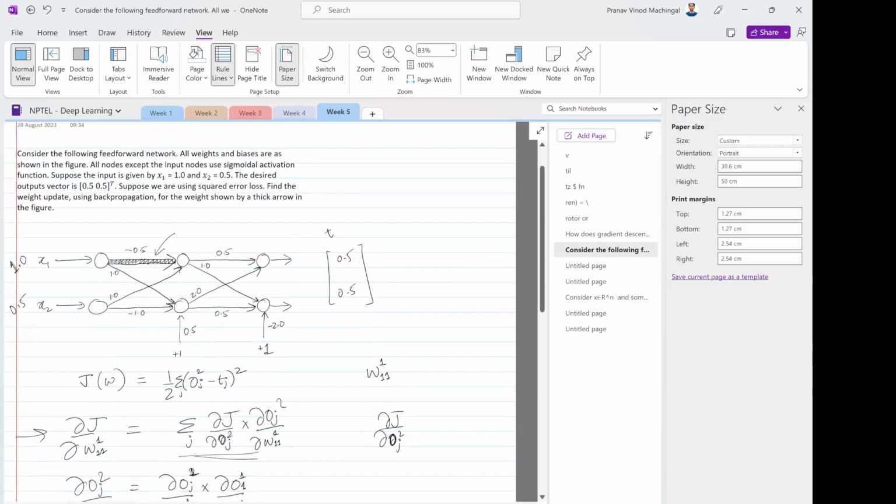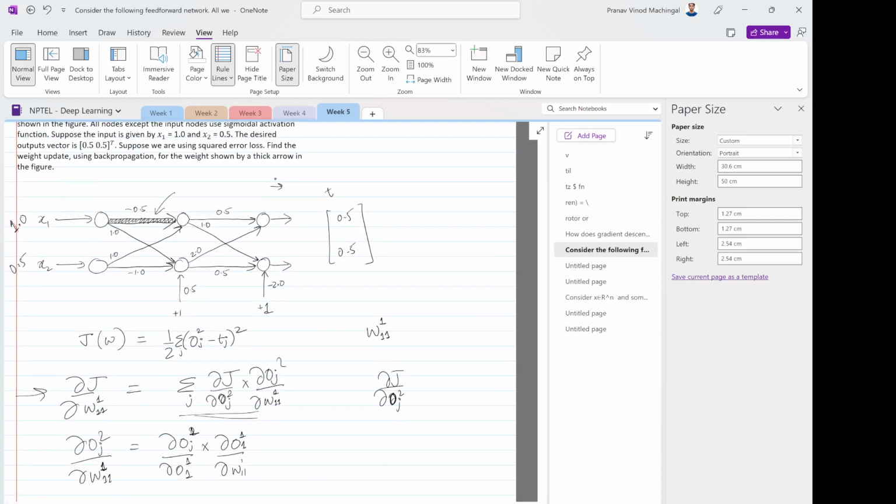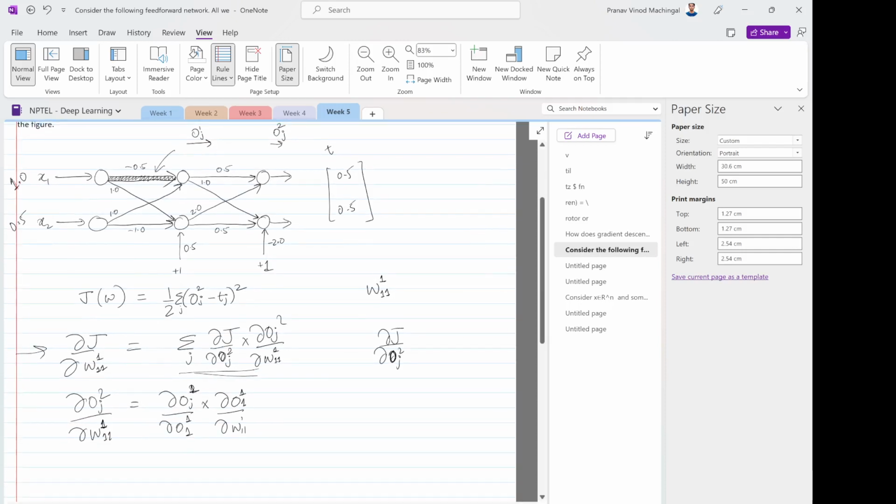So Oj is your output from here, O2j, and from here whatever is there it is O1j. O2 subscript 1 will be for the first, O2 subscript 2 will be for the second, like that. So this 2 is not a square, just remember that.